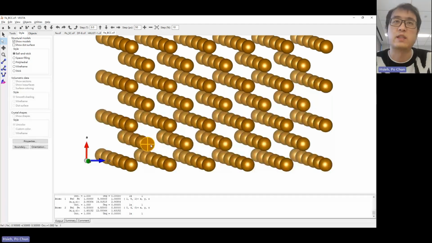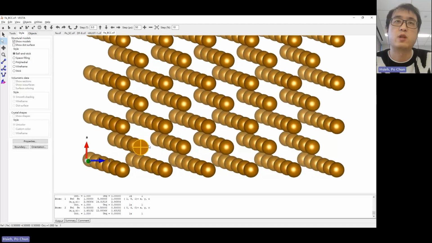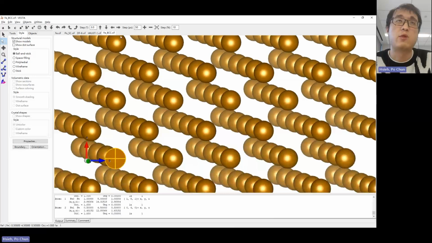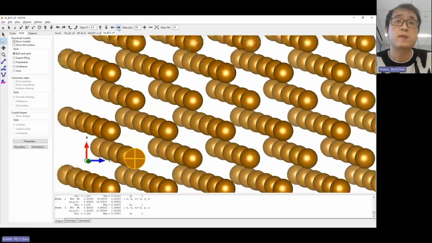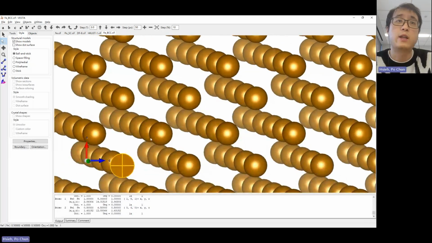You may still think of it that way, but if we look closely at another region, here, this iron atom, and this one, and this one, these four iron atoms can be the atoms at the corner of a cube now, and these atoms become the atom at the center of the cube. See?